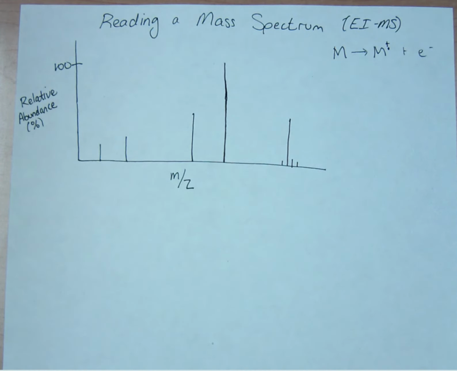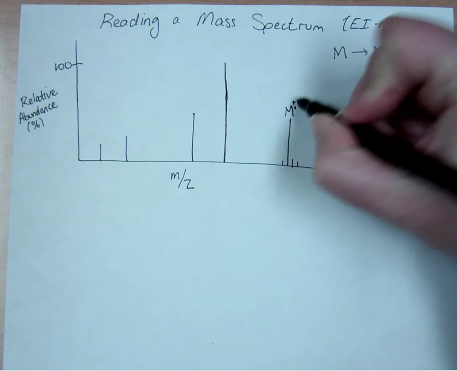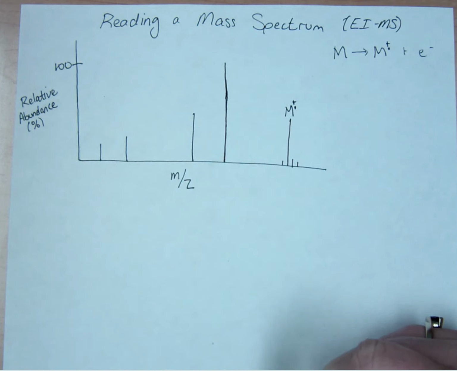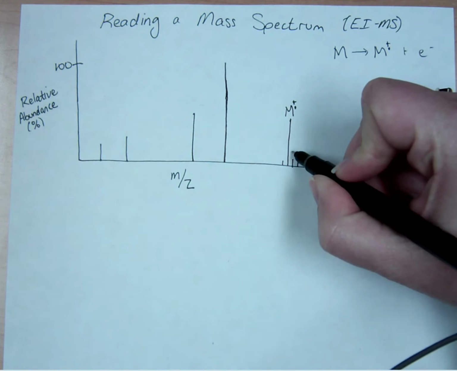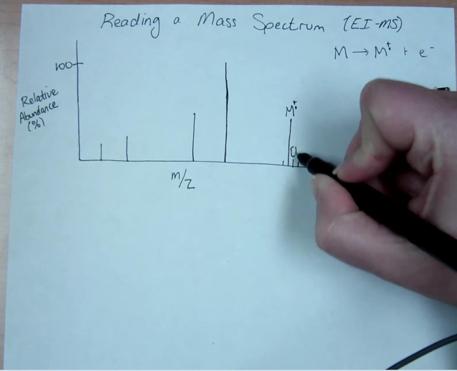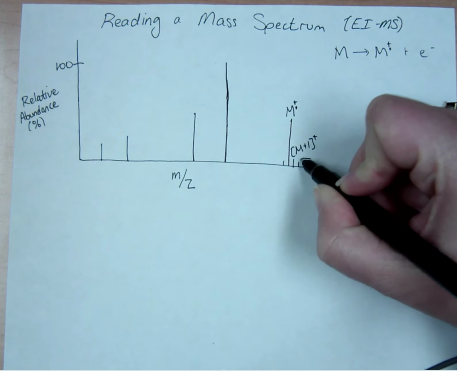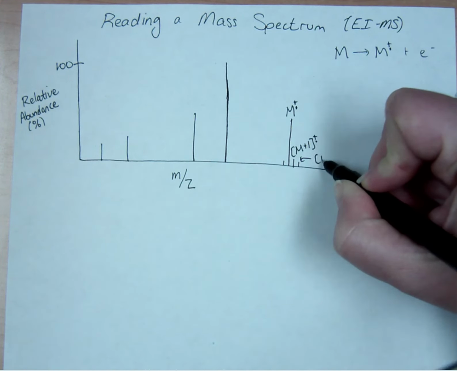So when we assign the molecular ion, we're going to assign it as the largest peak in the grouping, where we recognize that this is probably our isotope that's M plus 1, and this is going to be our M plus 2.